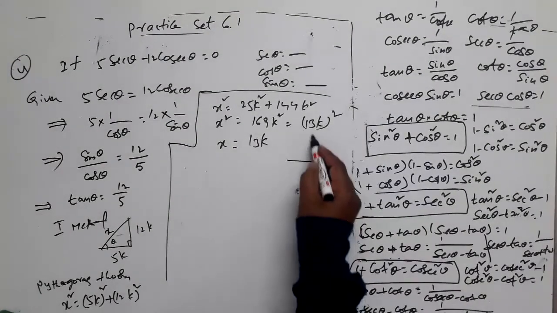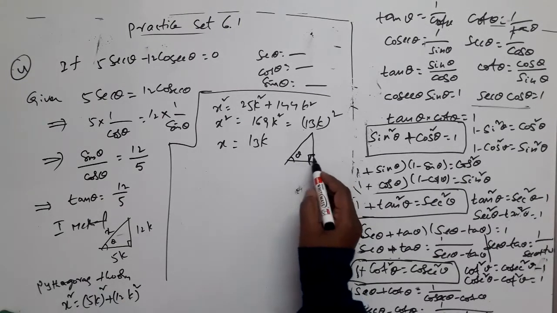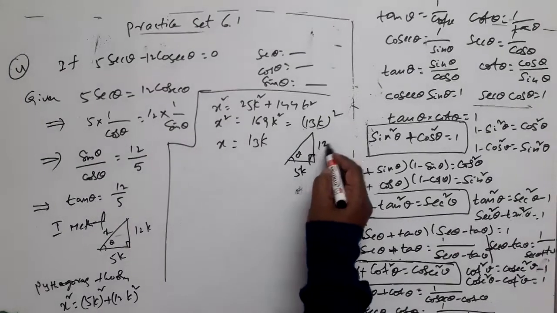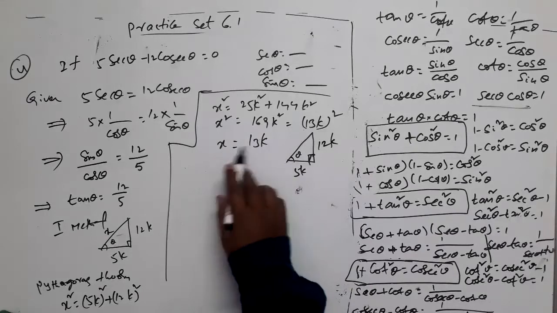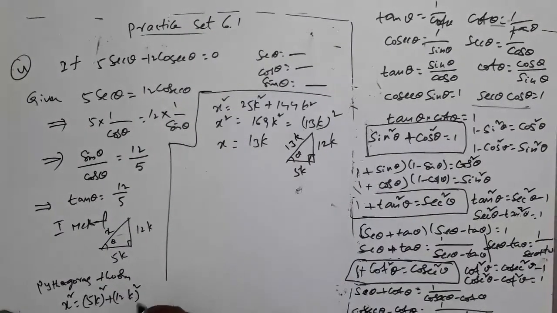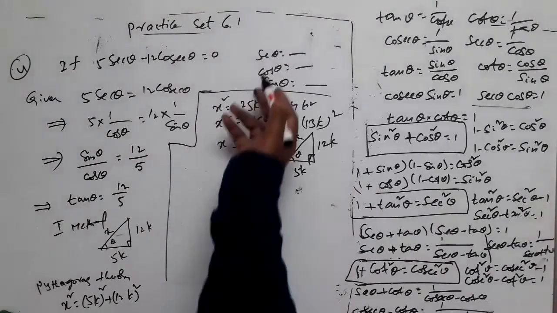Now my triangle looks like this. This is theta, this is a right angle. Already I have this 5K adjacent side, opposite side 12K. Third side, the hypotenuse, I have just found out as 13K. Now I can give you the value of any of the remaining ratios. Just tell me, what do you need?